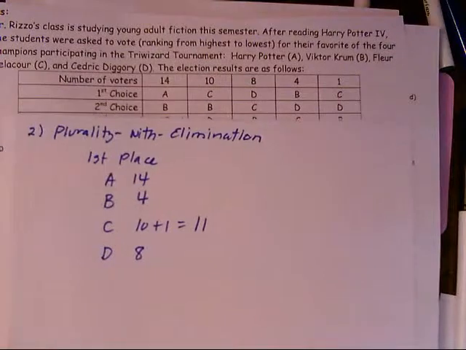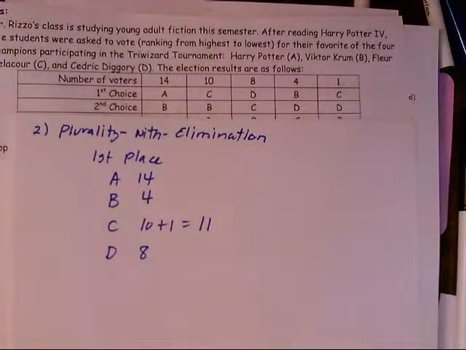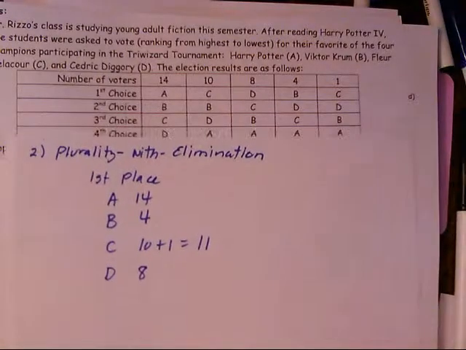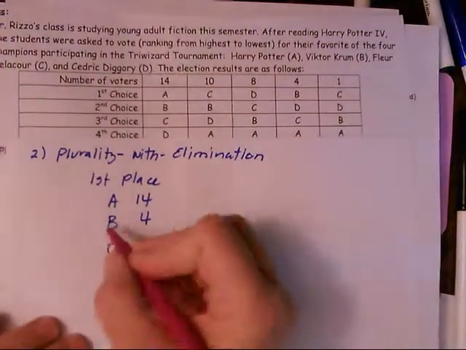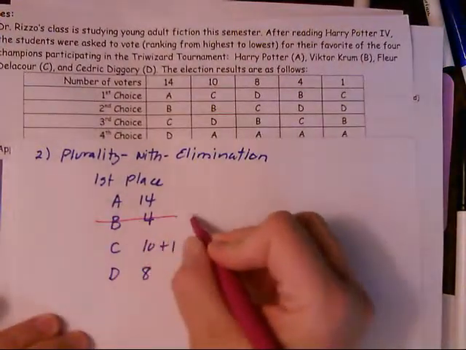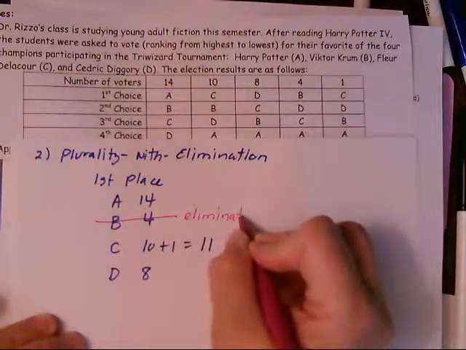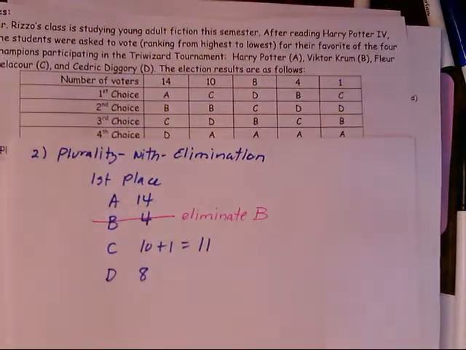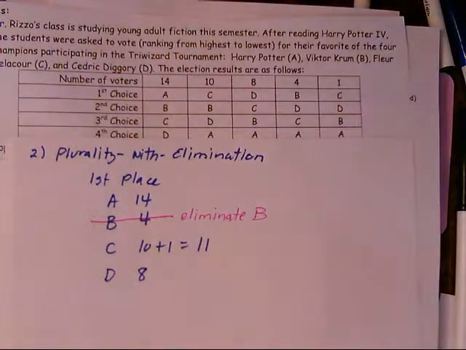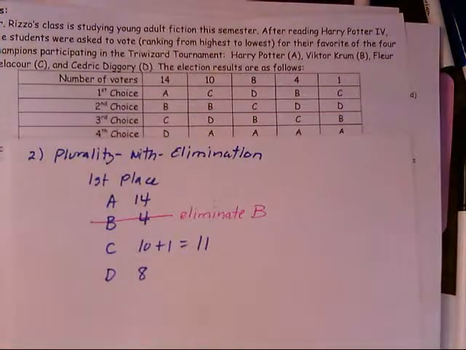So if we look at this, the most unfit person who receives the fewest first place votes would clearly be B. So we're going to eliminate B as the most unfit candidate at this point.